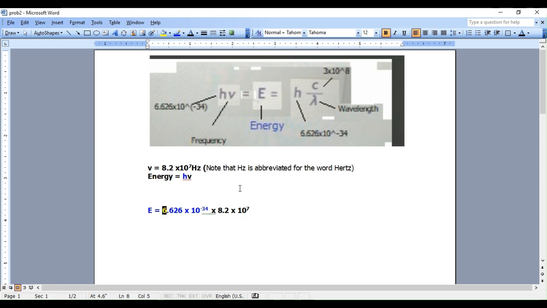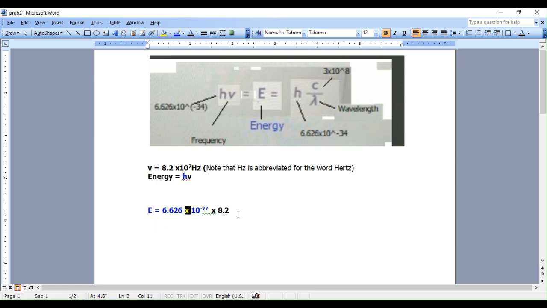I don't want to type 6.626 times 10 to the minus 34 times 8.2 into my calculator, it's too messy. 10 to the minus 34 times 10 to the 7th is 10 to the minus 34 plus 7, which is 10 to the minus 27. So get rid of these two and make one: 10 to the minus 27. There, much easier.